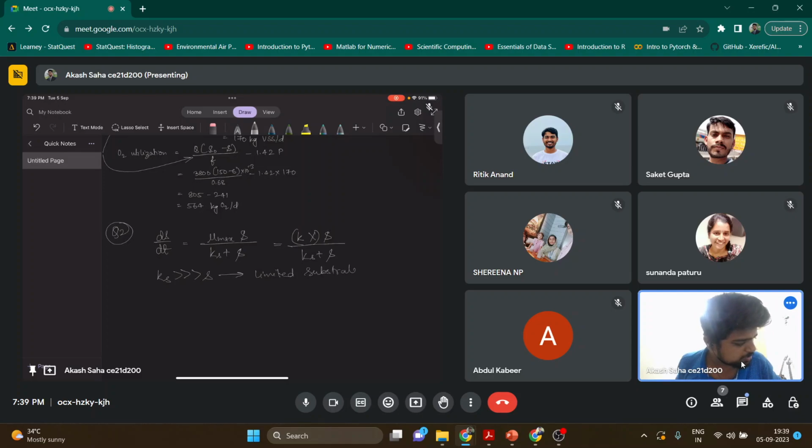My substrate is very much limited. So what will happen to this particular term? This S will be approximated to 0 with respect to Ks.